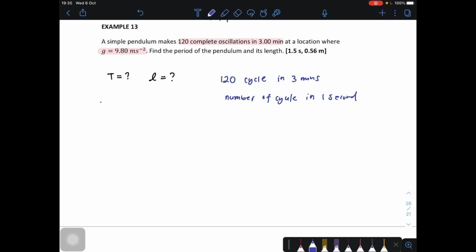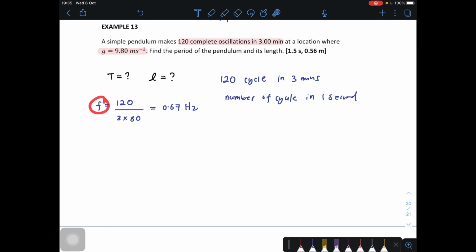So in order to find the number of cycles in 1 second, we divide 120 by 3 minutes, and 3 minutes must be converted to second. So you will get 0.67 Hz.